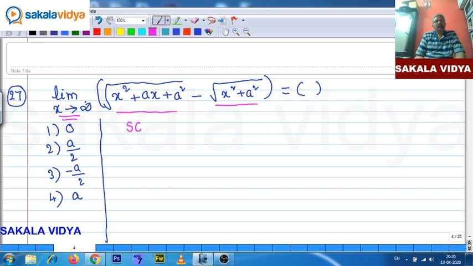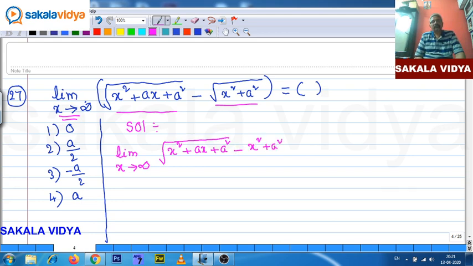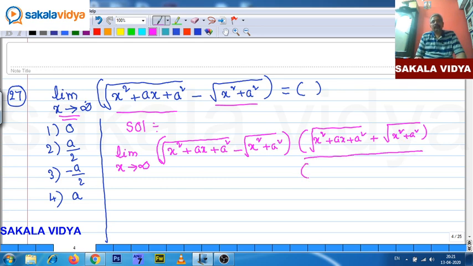So now the solution follows like this: limit x tends to infinity, root of x square plus ax plus a square minus root of x square plus a square, multiplied by root of x square plus ax plus a square plus root of x square plus a square, the rationalizing factor, upon root of x square plus ax plus a square plus root of x square plus a square.